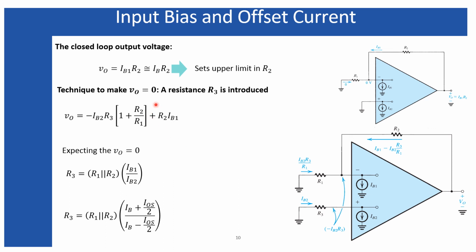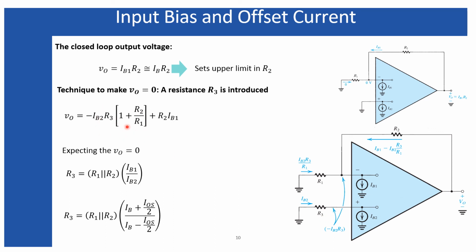In addition to the voltage R2 IB1 that appeared as the output voltage due to R1, the presence of R3 contributes a voltage as the output for this current when it flows in the opposite direction through R3. Since the potential across R3 can be treated as the input voltage for the non-inverting configuration of the operational amplifier, this kind of expression results.